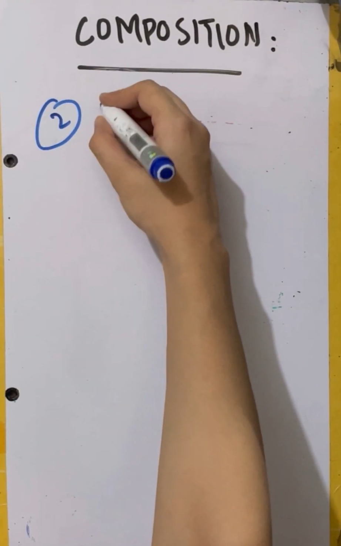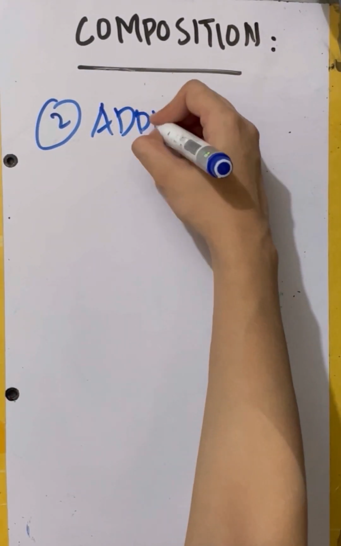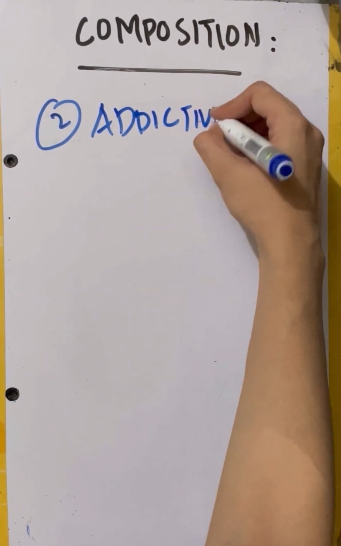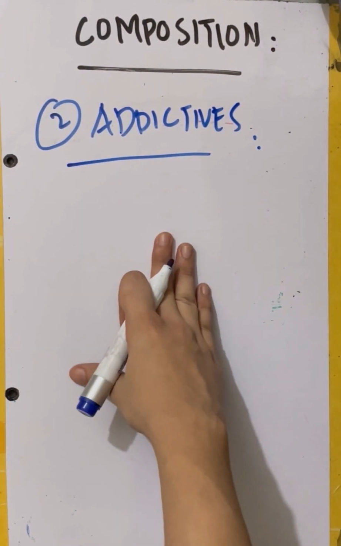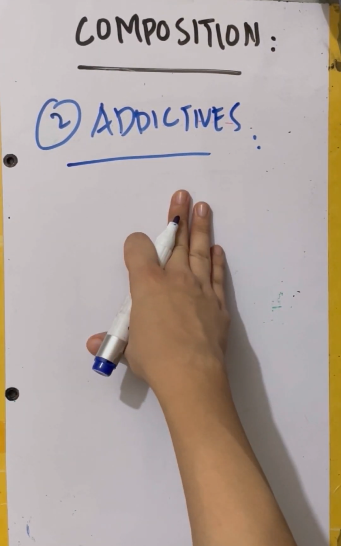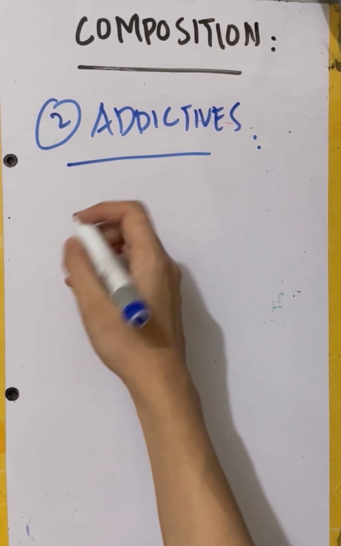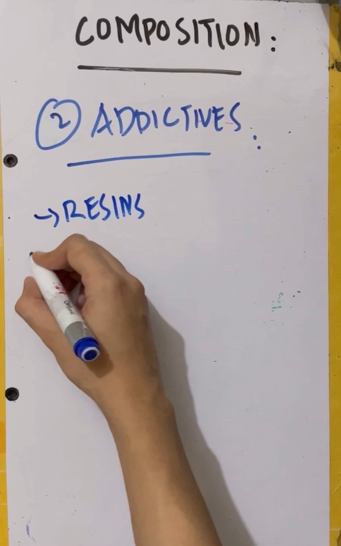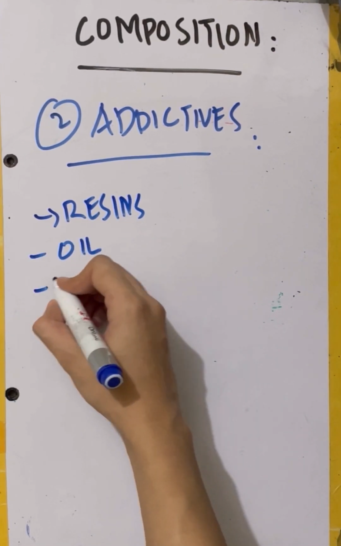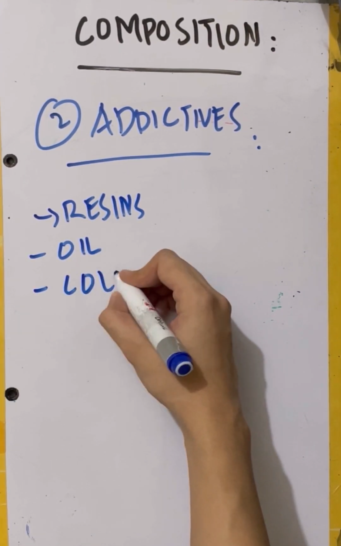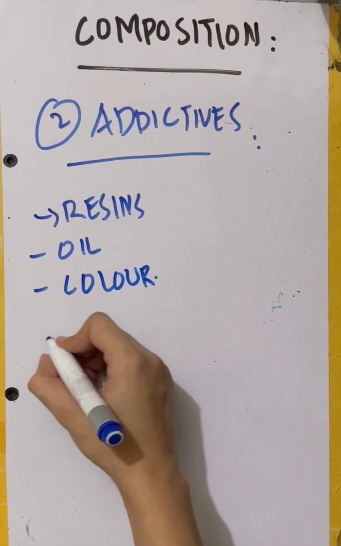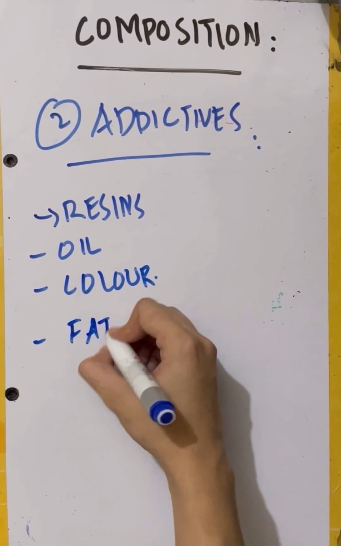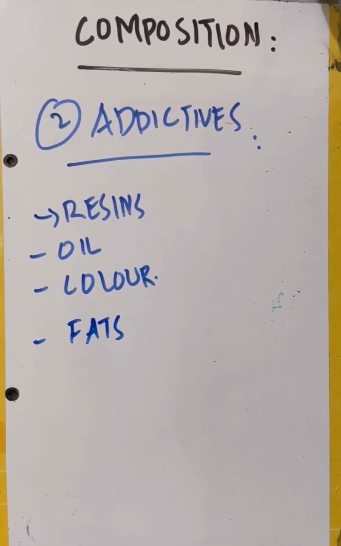The second component of wax is additives. There are different additives added in the dental wax such as resins, oil, color, and fats. These all have their particular function. So what do resins do?